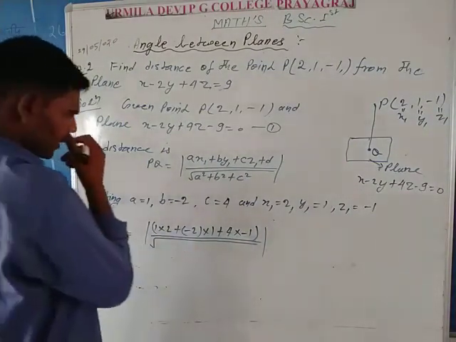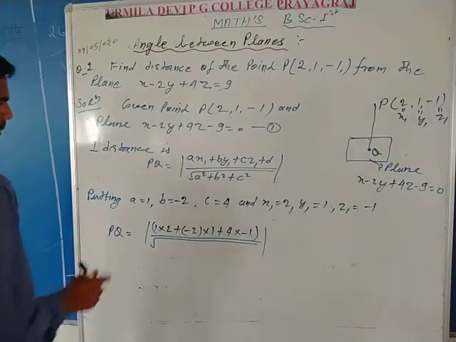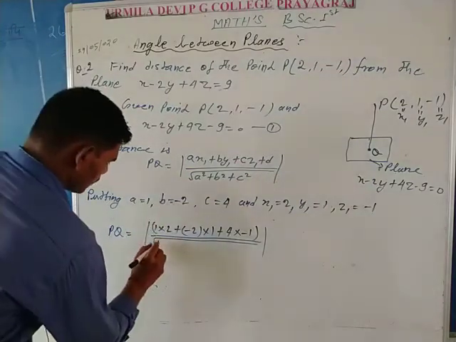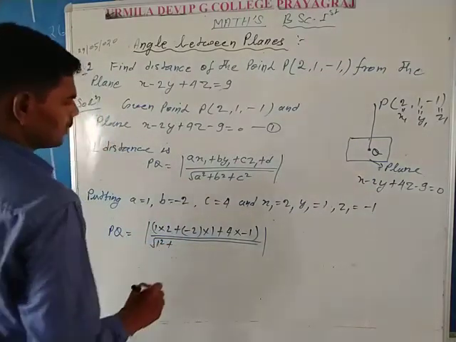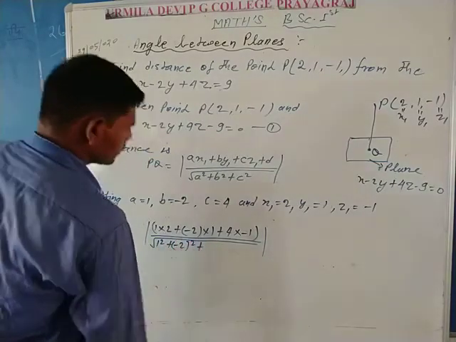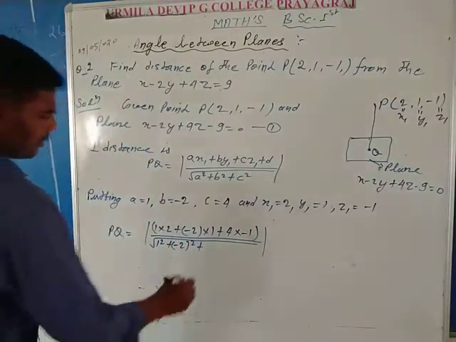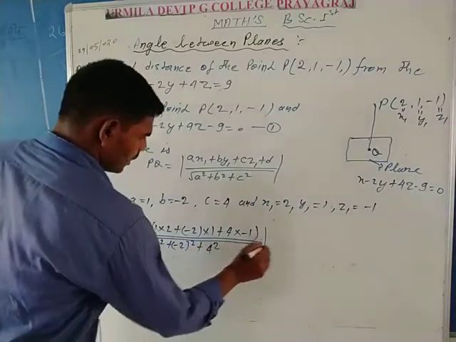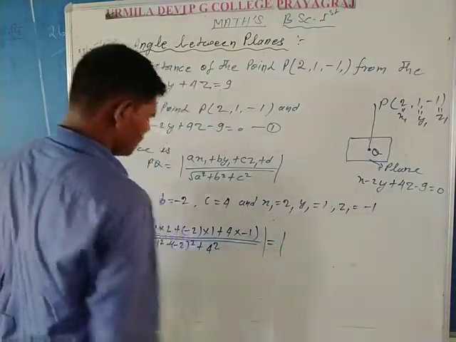So putting the values of a, b and c: 1 square, plus minus 2 whole square, plus 4 whole square.